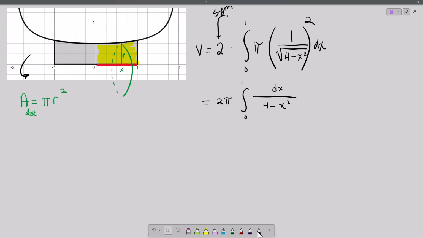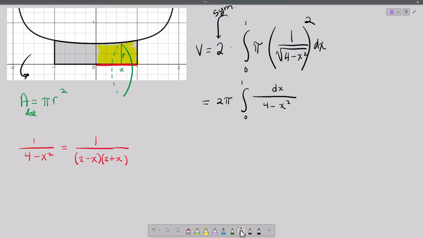So let's come off to the side. We have the quantity on the inside. Let me use a different color than green since I use green for something else. So let's take the fraction on the inside, 1 over 4 minus x squared. We're going to factor that. We have that.